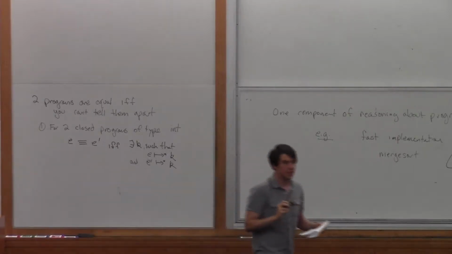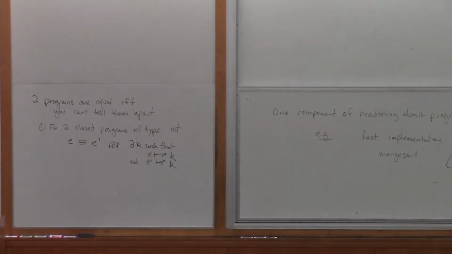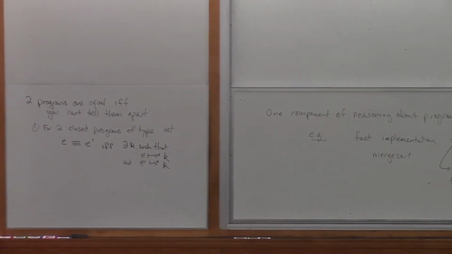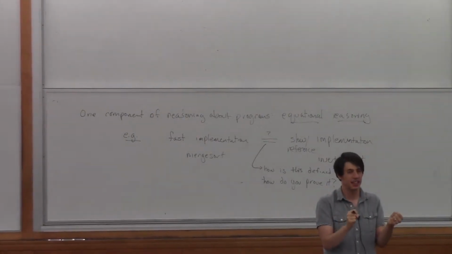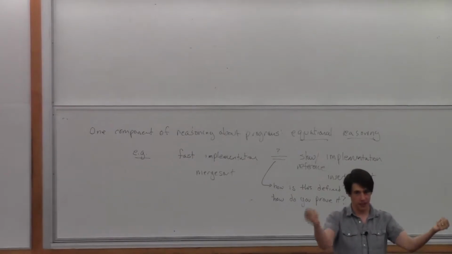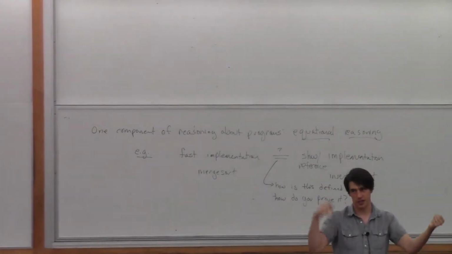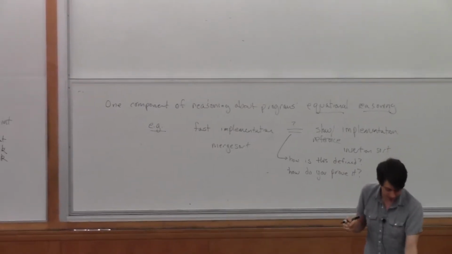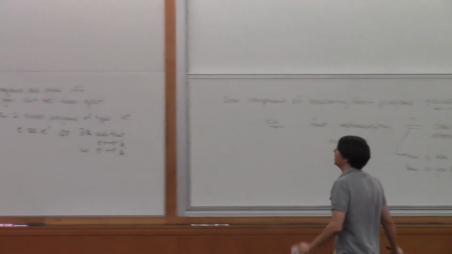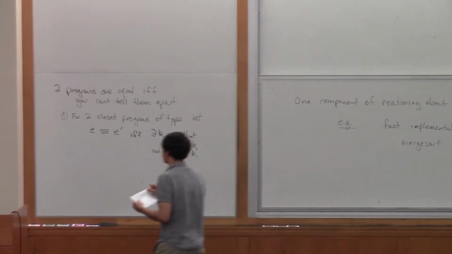So not being able to tell apart two closed programs of a base type like int just means they run down to the same answer. If this one runs to 3, that one runs to 3. If this one runs to 4, that one runs to 4. If this one runs to 3 and this one runs to 7, then they're not equal. Now we want to lift that to higher order.